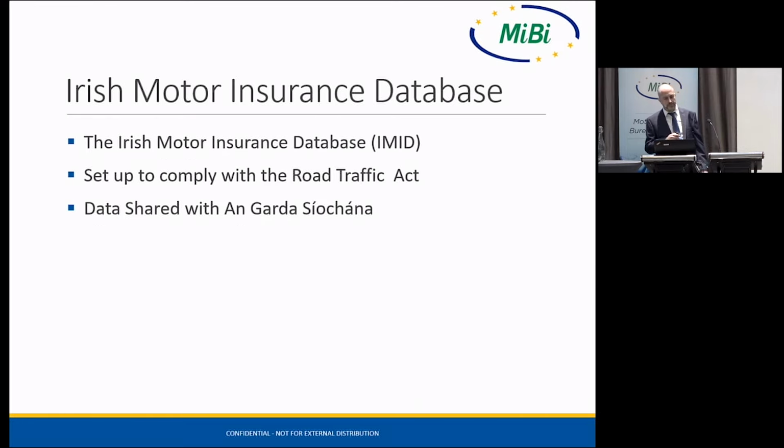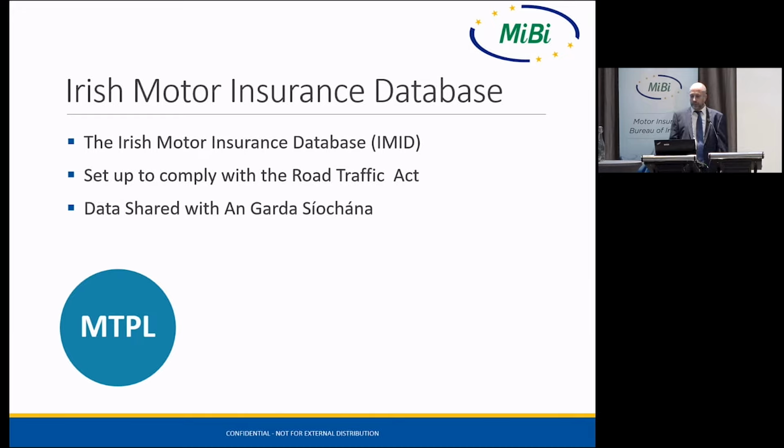So this central database is called the Irish Motor Insurance Database, or IMID for short, and was set up to comply with the Road Traffic Act and is shared, as I said, with An Garda Síochána. IMID is made up of 2 interlinked databases. The first is the Motor Third Party Liability Database, or MTPL, and this holds information on private motor policies, and as you would imagine, these policies make up the majority of data held.